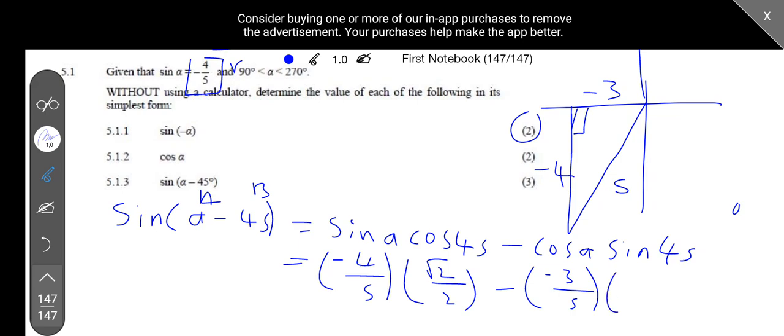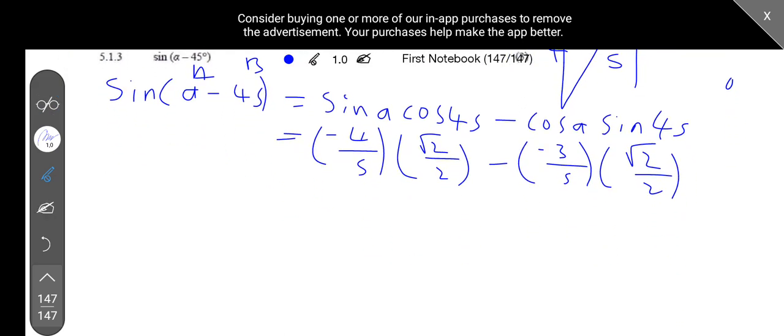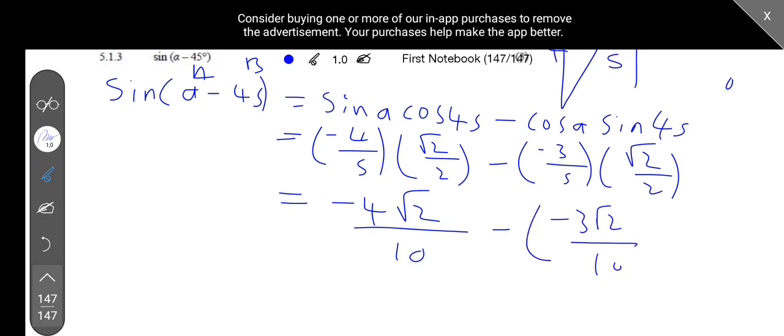Then sine 45 and cos 45 are the same. They are root 2 over 2. So now let's simplify and see how we can do this. So this will give us negative 4 root 2 over 5 times 2 is 10. Minus, let's just keep the minus for now, negative 3 root 2 over 10.